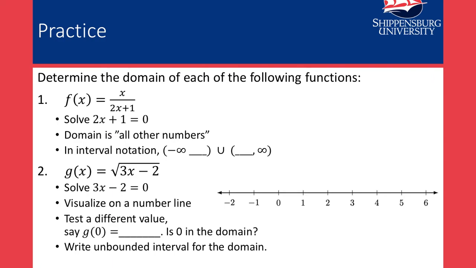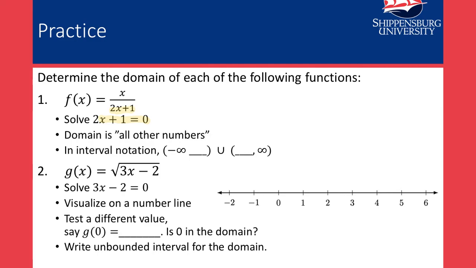So for example, this first function is a rational function. It's got stuff with x's in the denominator. And so it's possible that we're dividing by 0, but it's easy to figure out when that would happen. I would take the denominator that I see and figure out where that denominator is equal to 0. So in this case, that'll be negative 1/2.